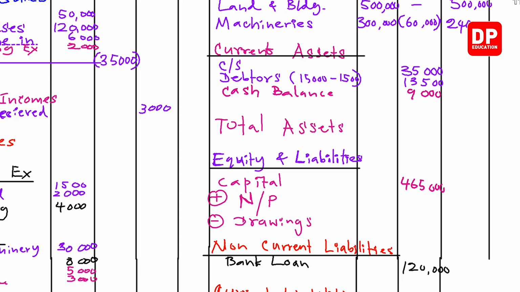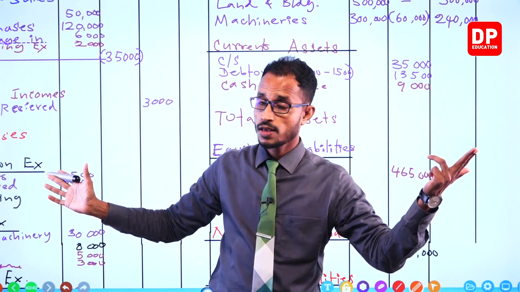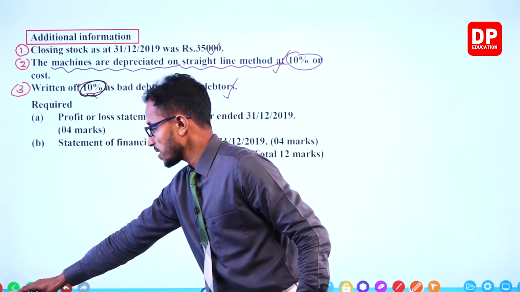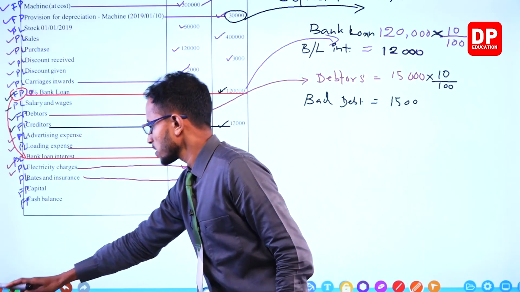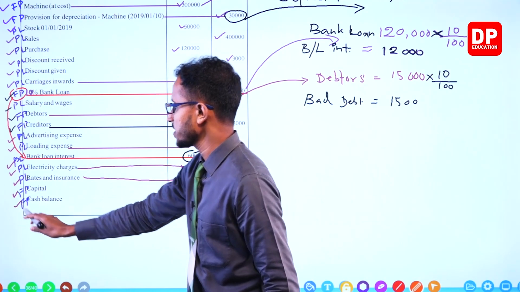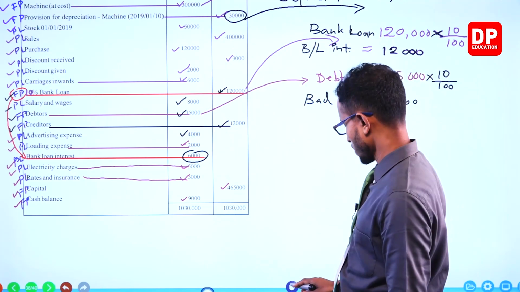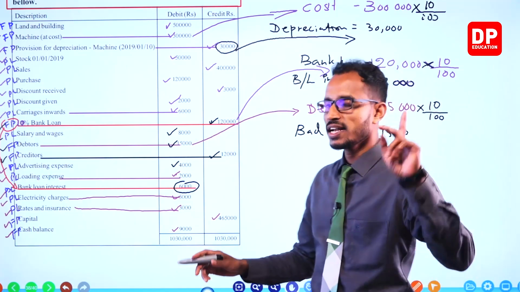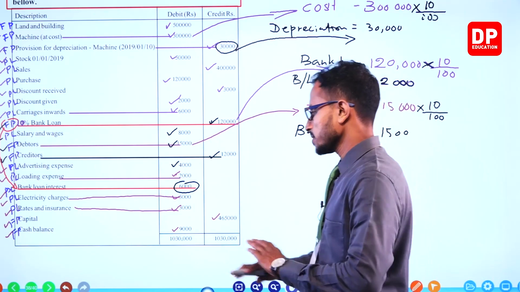That means all the information is recorded in the trial balance and additional information. Every item is ticked. Done deal.